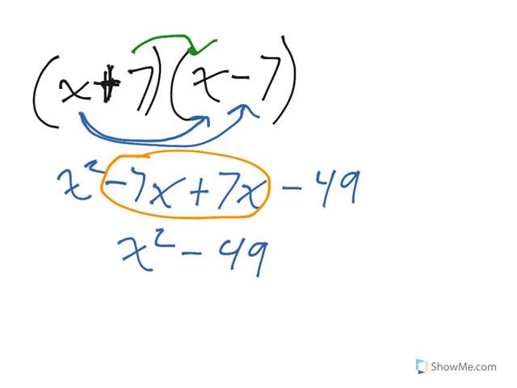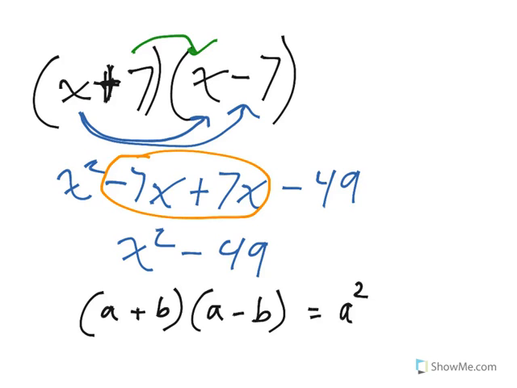Yeah. So guys, this is the trick. And in the last, there'll be a few problems like this. The result is, Sasha, x squared minus 49. There's a pattern here. You don't necessarily need to know the pattern, but it makes it easier for you. If you have a plus b, a minus b, your answer will always be a squared minus b squared.